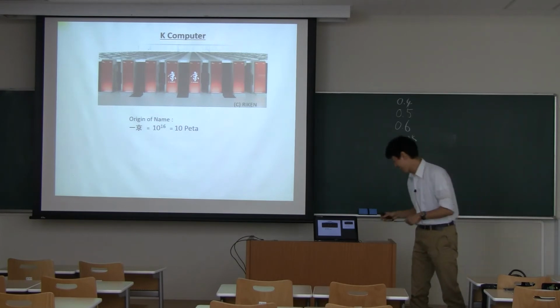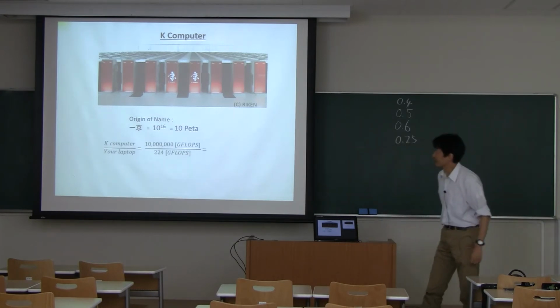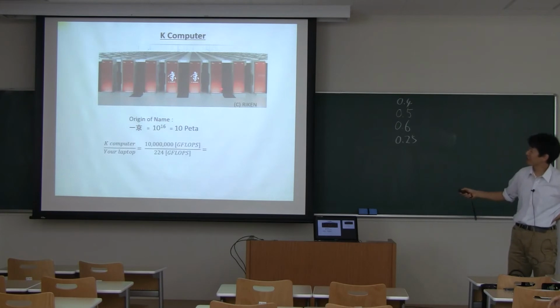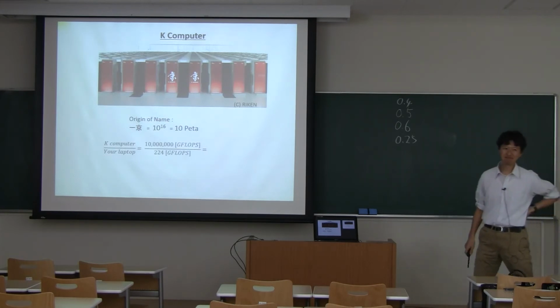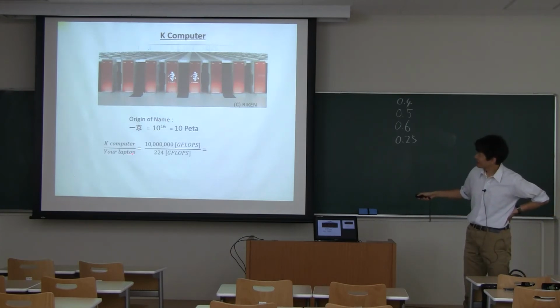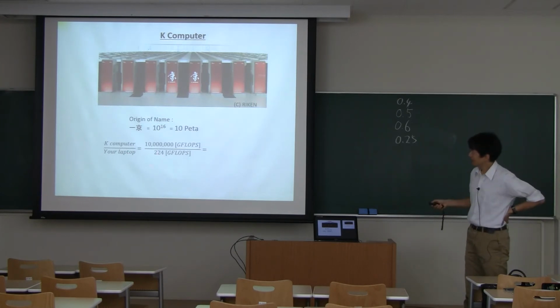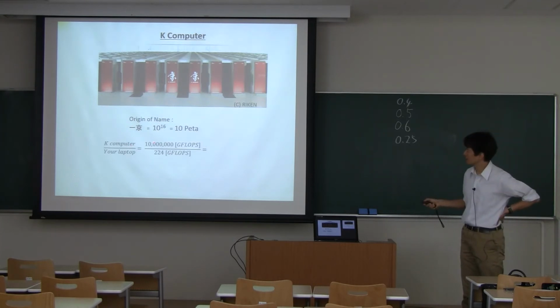Okay, next. Please compare the ability of this computer and your laptop. Your laptop is 224 gigaflops. Okay? And the computer is 10 petaflops. 10 peta means 10 million gigaflops.